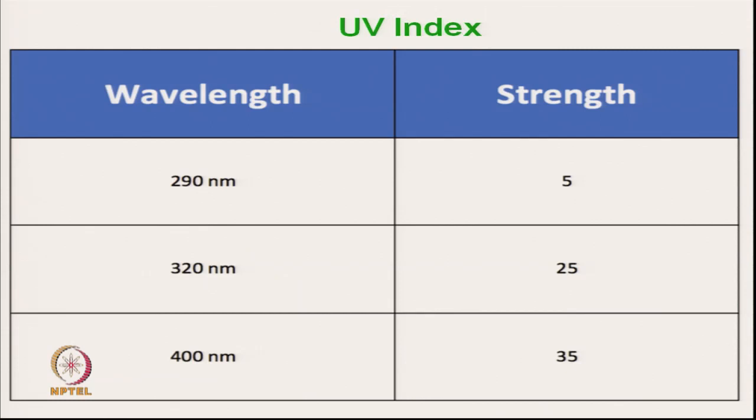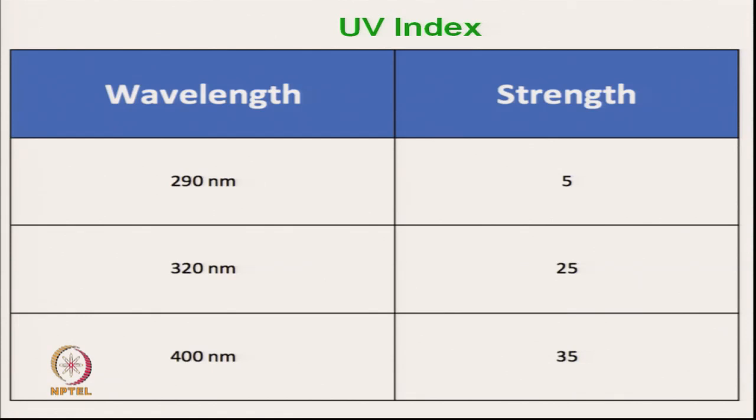The longer the wavelength of the UV ray, the higher the quantity coming into the earth. That is why the weightage here is high, and for the shorter wavelength 290 the weightage is given less. So, strength is 5, because the quantity of UV ray with 290 is less. So, 5, 25 and 35 the strength is given.